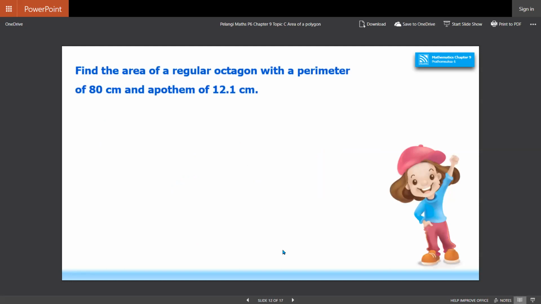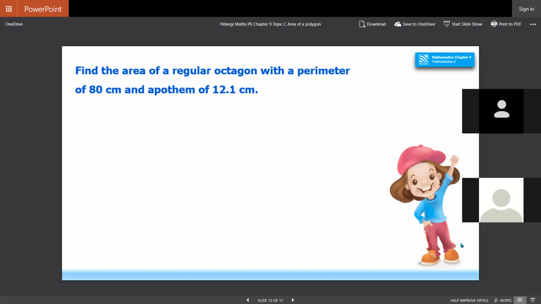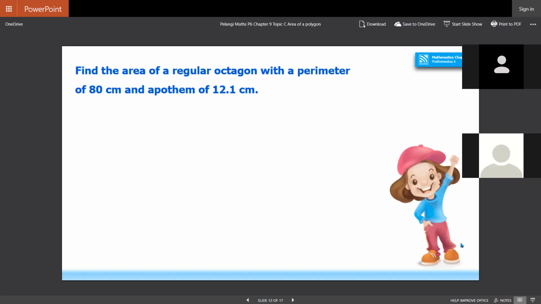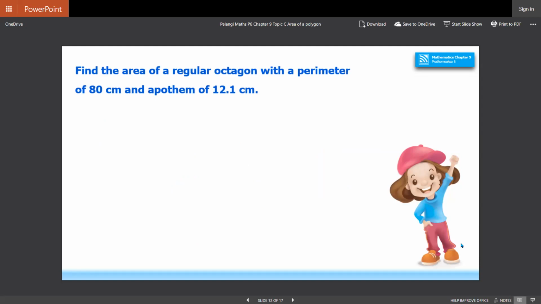Do we have one more? Yes, we have one more. Find the area of a regular octagon with a perimeter of 80 and an apothem of 12.1. This is Chio's question. What's the formula?